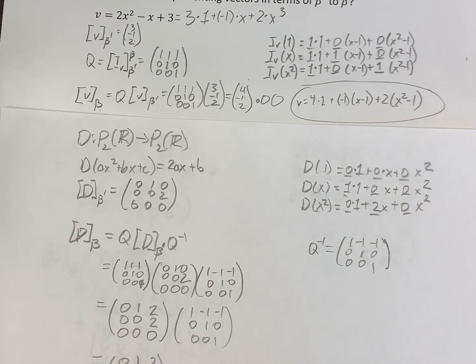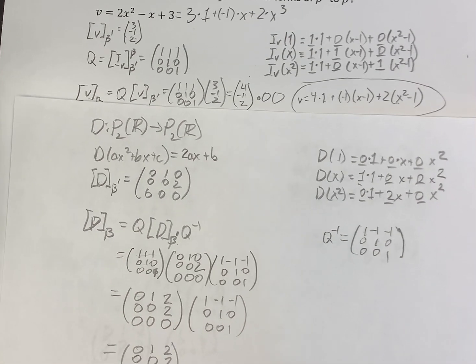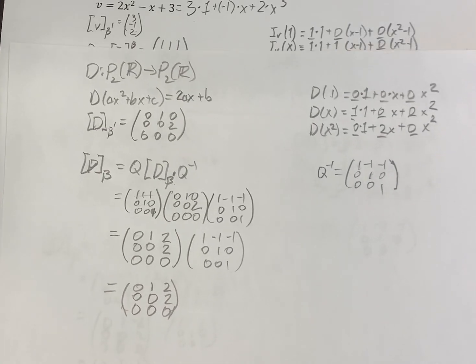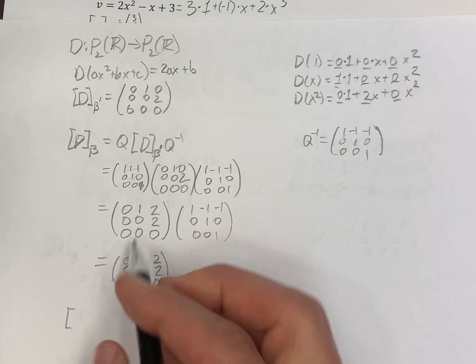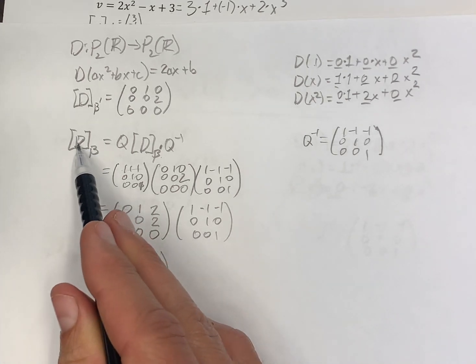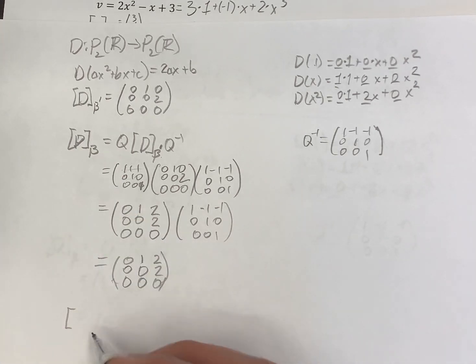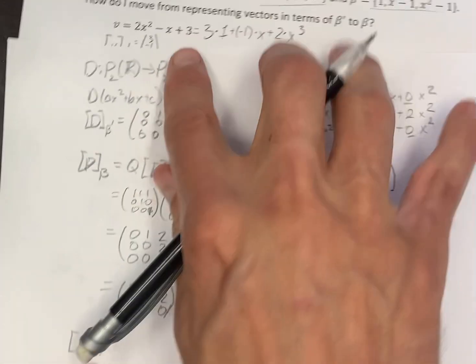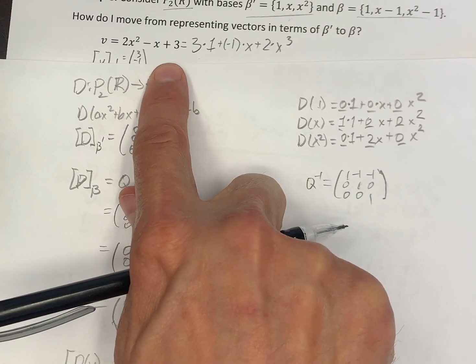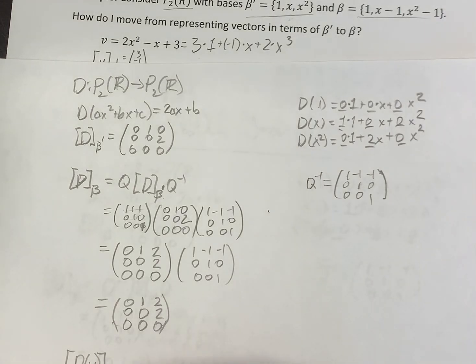Okay, so what does that give me, actually? This gives me the matrix representation of D in terms of beta. And if you want to apply it to any vector, I have a particular vector example up there, it gives me the representation of that in terms of beta, okay?